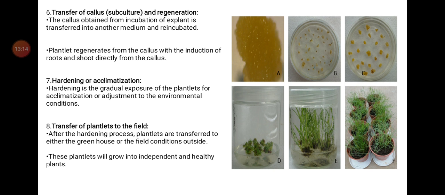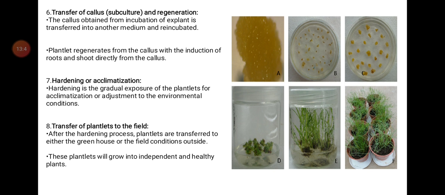Hardening or acclimatization. In picture D, hardening and acclimatization occur so that the plantlets can adjust according to the environmental condition.